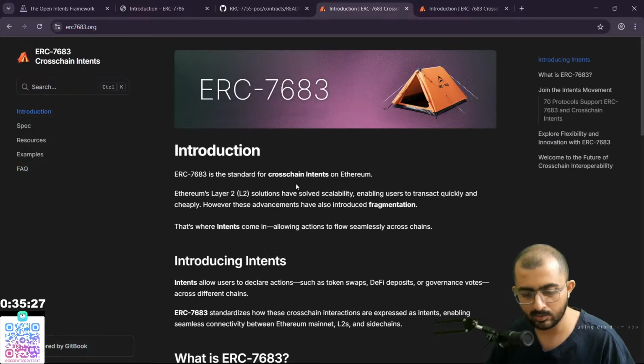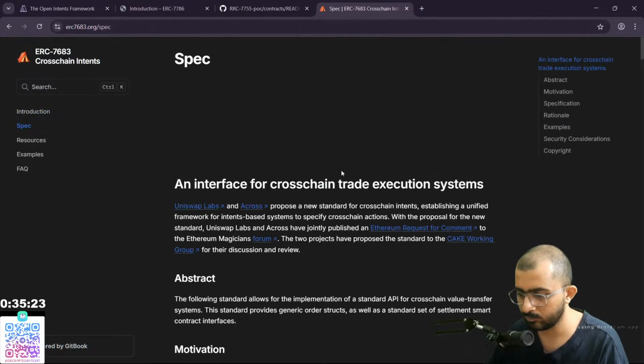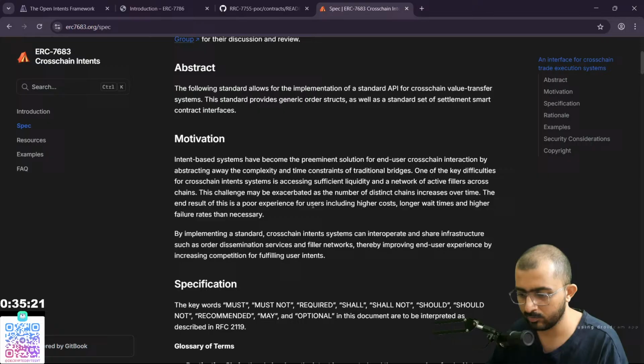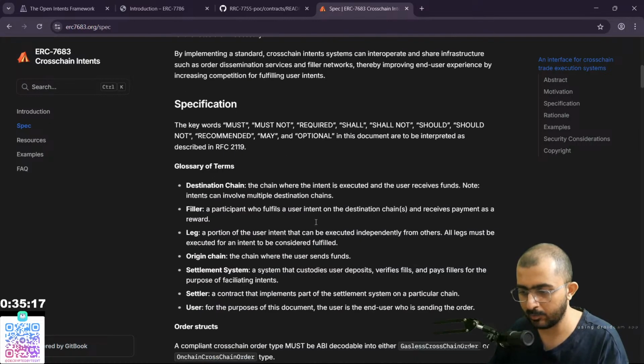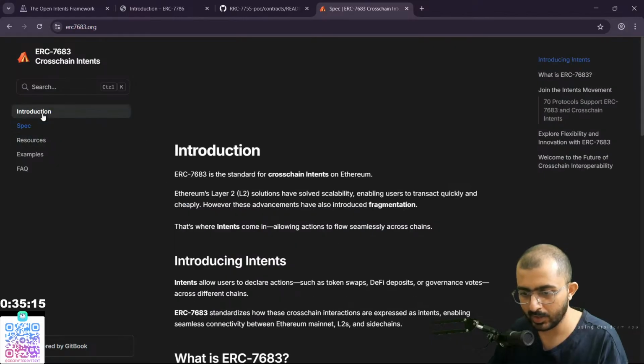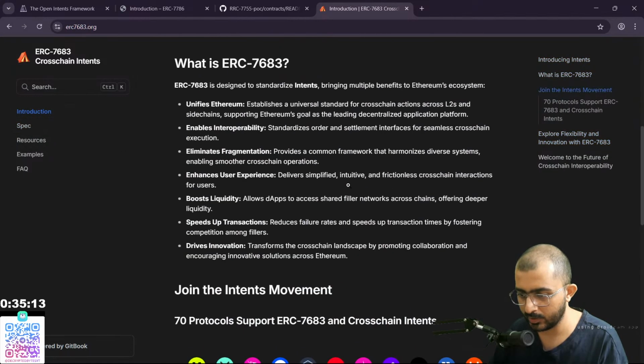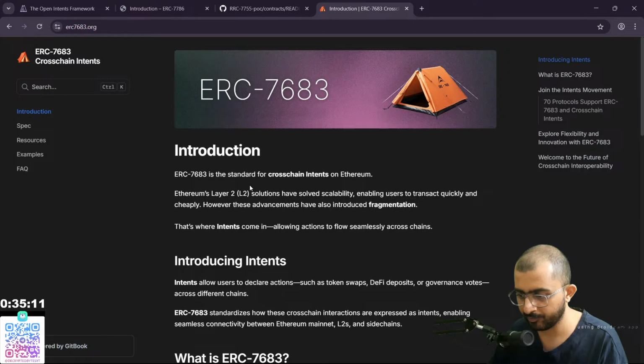Introduction. Also, we can go to the EIP. Okay, this is the EIP. Let's go through the intro. It's an intent standard that we know. Fragmentation, intent.